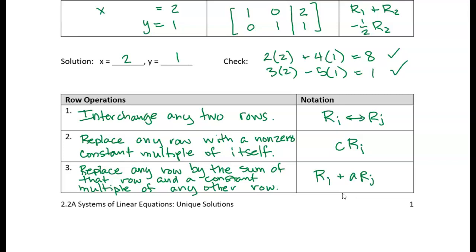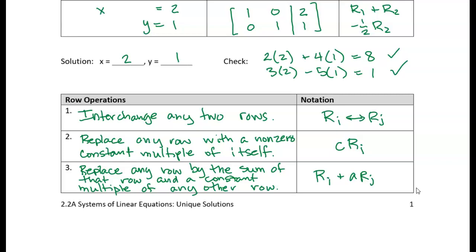Now, I tend to think of Gauss-Jordan as like a game. Just like in chess, your pieces have certain legal moves, and your end goal is to capture the king, right? Now in Gauss-Jordan, you have these legal moves. That's it. These 3 legal moves are all you can do.